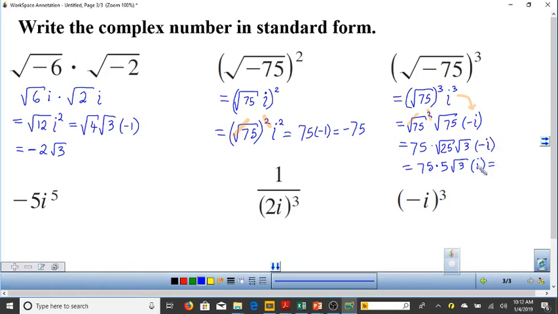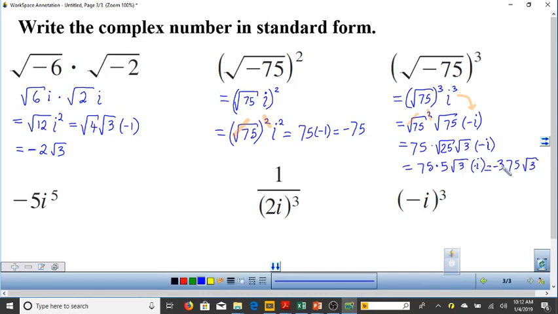The result then is, what do we get when we multiply 5 by the square root of 75? 5 times 5 is 25, and 5 times 70 is 350. So we're looking at 375 times the square root of 3, and we're multiplying that by negative i.